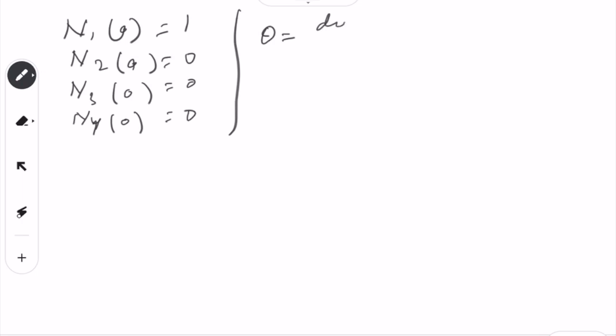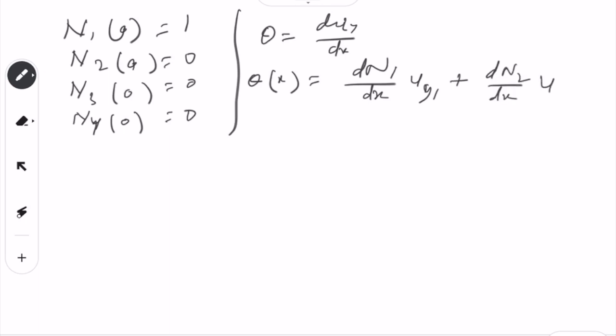But at the same time, remember that theta equal to duy over dx. That means our theta as a function of x is given by dn1 over dx times uy1 plus dn2 over dx times uy2 plus dn3 over dx times theta 1 plus dn4 over dx times theta 2.